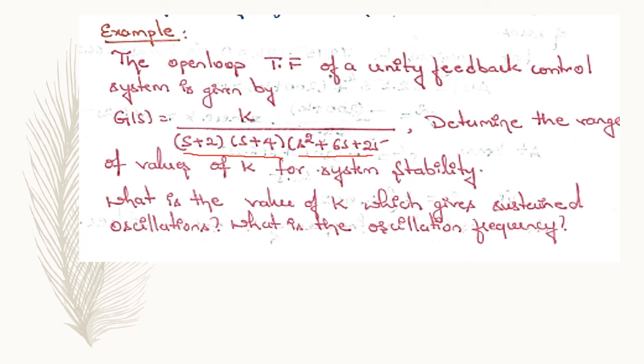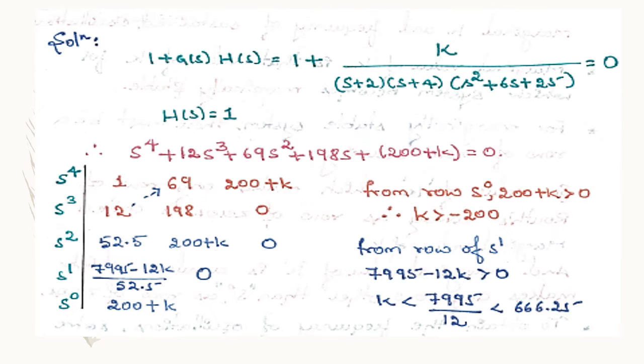And as we know, since there is a k value, the k is able to make the system go from instability to stability depending on the range of the k value. So first we rearrange the system. First we find the characteristic equation, which is 1 plus G of s into H of s. So it is 1 plus k divided by s plus 2, s plus 4, s square plus 6s plus 25. Since it's a unity feedback, H of s is equal to 1.